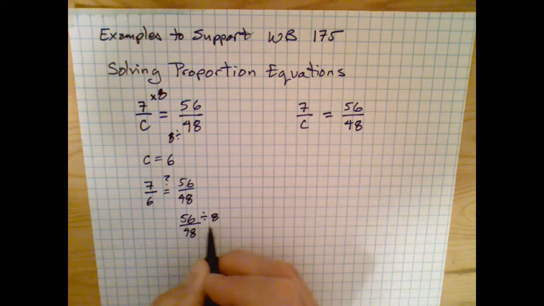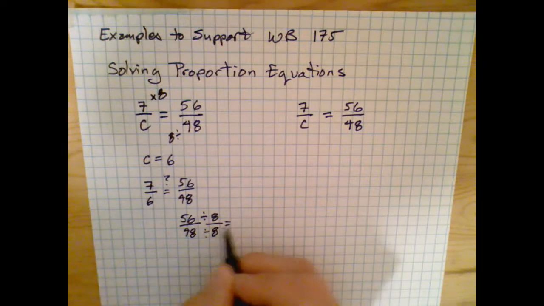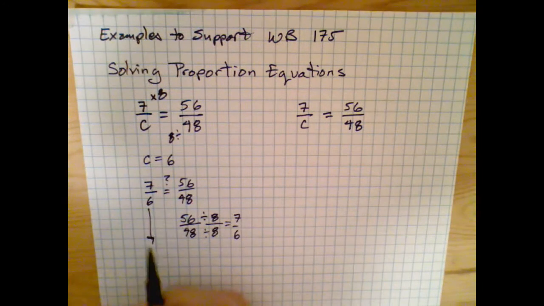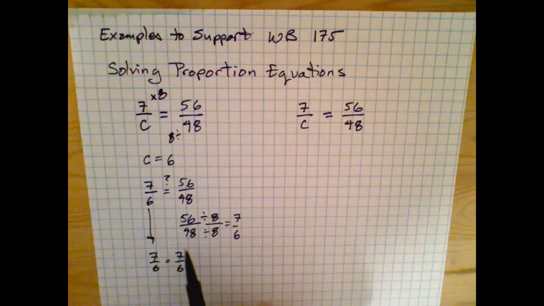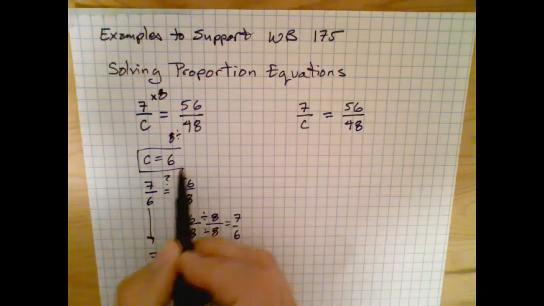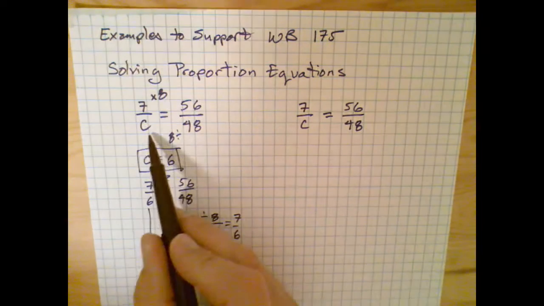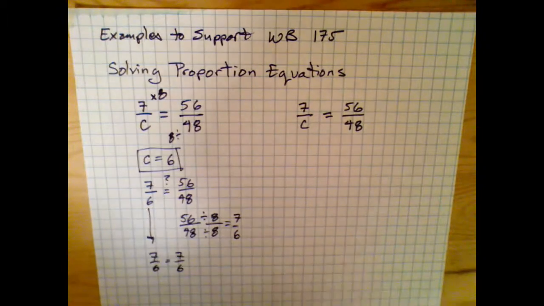If I divide the top by 8 and the bottom by 8, I get 56 divided by 8 is 7, 48 divided by 8 is 6. So sure enough, 7/6 equals 7/6. So I know that C equals 6 is the right solution here. So that's using mental math.